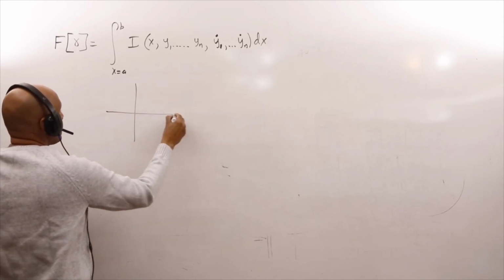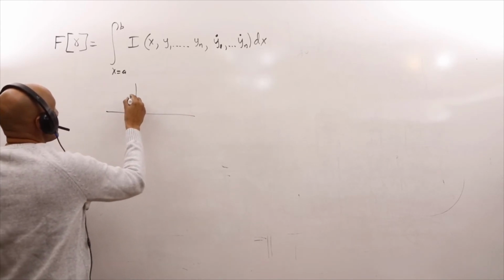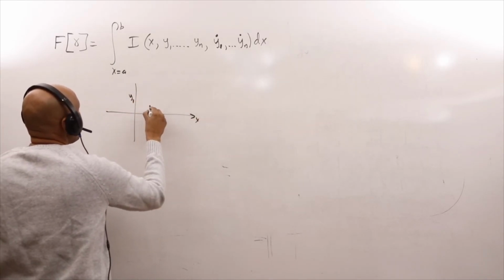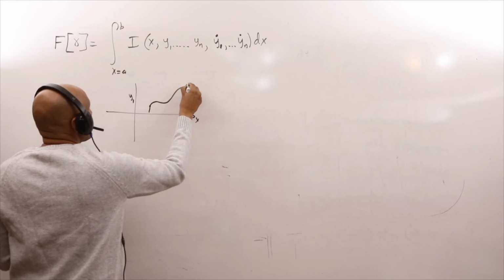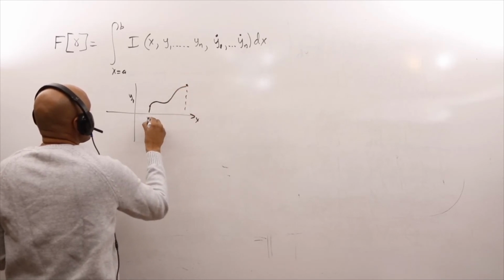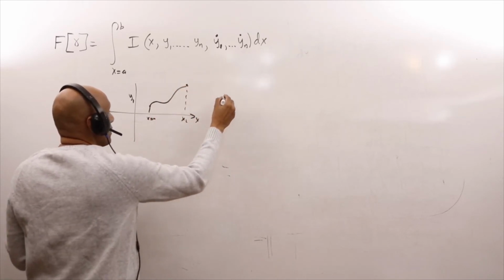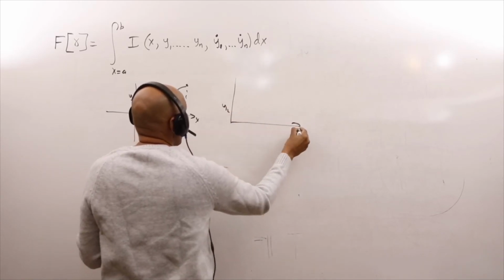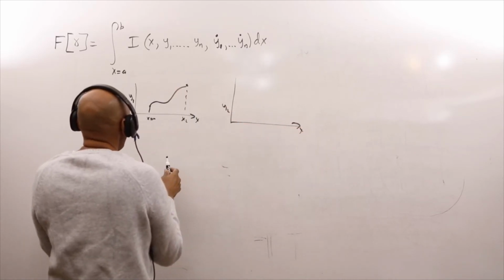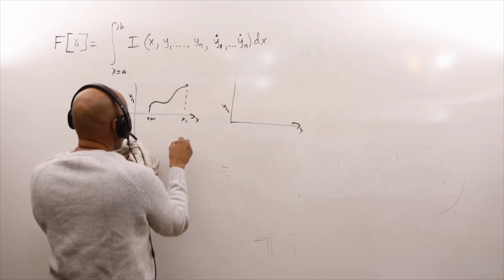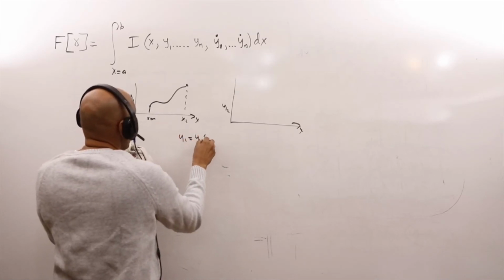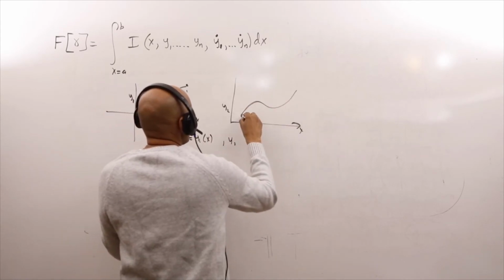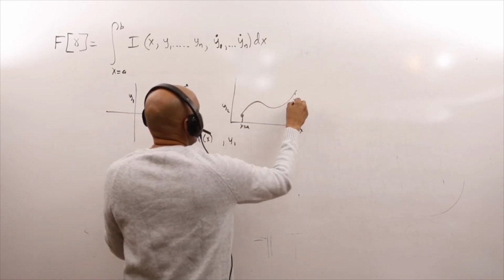I can't draw this in 2 dimensions, but if this is y and this is x, so y1, you're going from x is equal to a to x is equal to b, but we're also simultaneously taking that point as y2 in x space. So we're parametrically representing that curve y1 as a function of x, and y2 is another curve that goes from x is equal to a to x is equal to b.